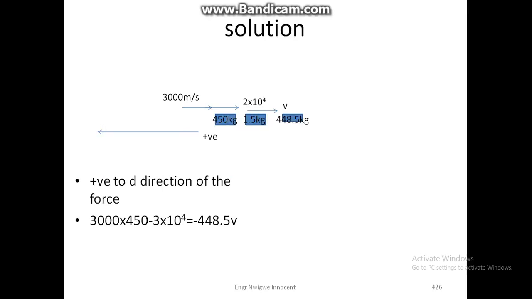3000 times 450 minus, since we have taken the direction of the gas to be negative, 3 times 10 raised to power 4, is equal to 448.5 V. After multiplication, we have 1,350,000 minus 30,000 is equal to 448.5 velocity.